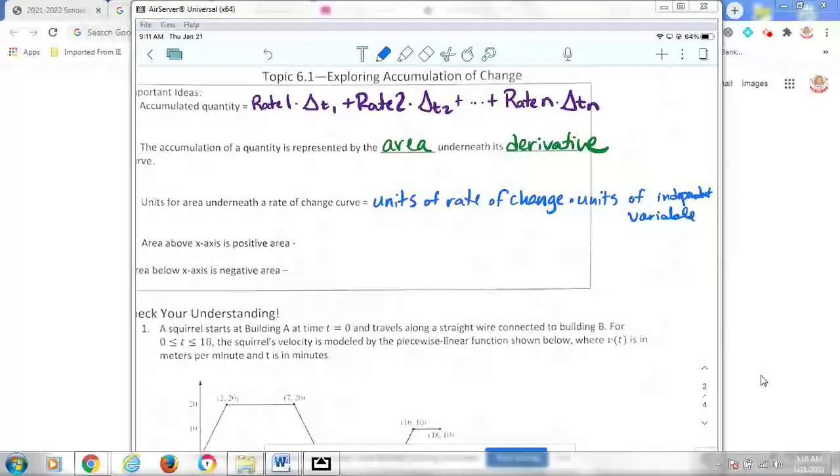So that's just the opposite of what we did when we were doing the derivative. When we were doing the derivative, we would divide. When we're accumulating areas, which eventually it's going to be integrals, you multiply.